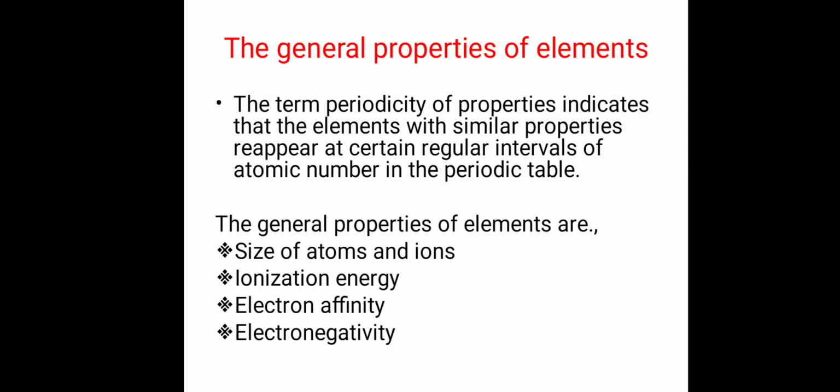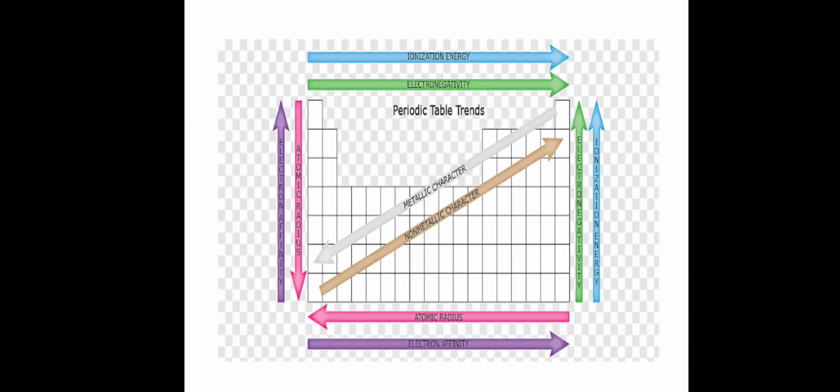Some general properties of the periodic table. We know the size, ionization energy, electron affinity, electronegativity, then acidity and basicity. These are some general properties of the periodic table. Here I have shown the periodic trends in the simplest representation. Moving left to right, size decreases.